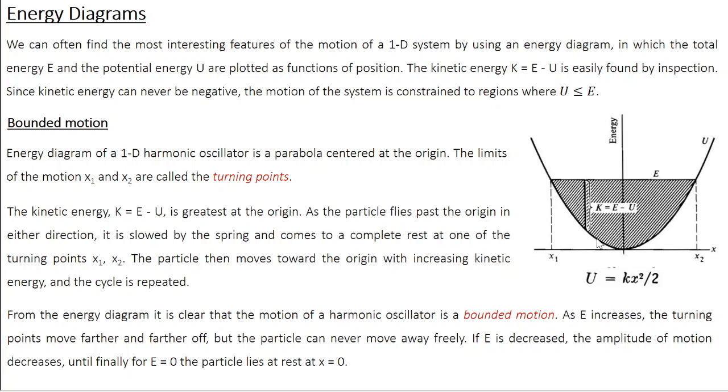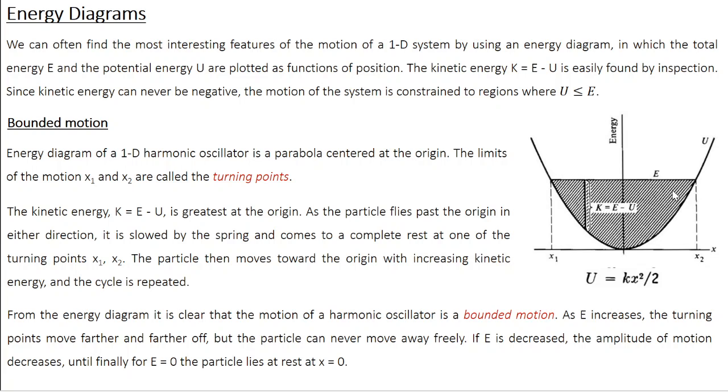Now the bob starts to move in the opposite direction. As it moves up, velocity decreases, kinetic energy decreases, and consequently potential energy increases. Finally, at this extreme point, kinetic energy is zero and potential energy is maximum.